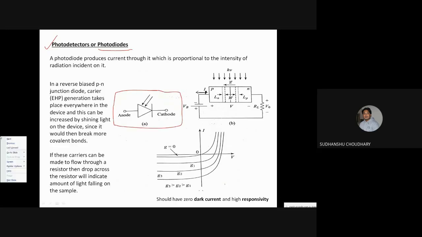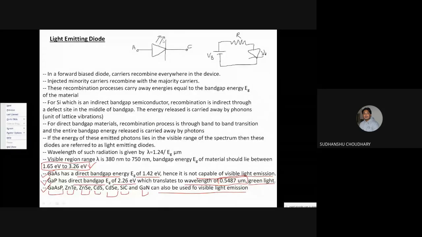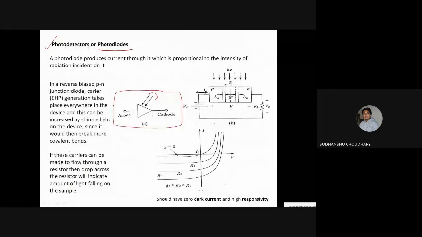This is my symbol of the PN junction diode, and the only change is these arrows. This time these arrows are pointing into the diode. In the LED, the arrows were pointing out. So for photodiodes, the arrows are pointing in. This is how one can represent a photodiode by this symbol.